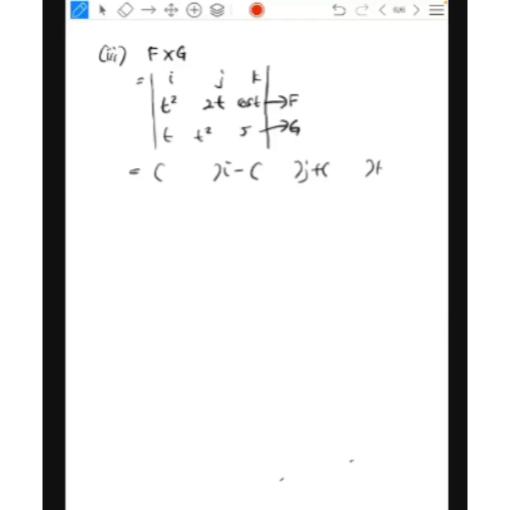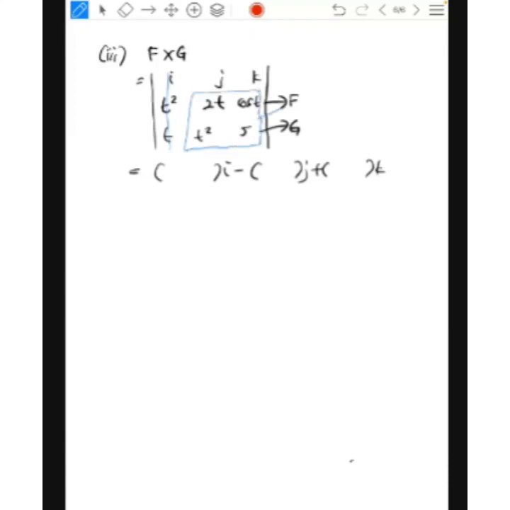this cross product, okay. If you want to solve for I, you just close the I vector. Okay, means you just close this part, and then you only consider this part.